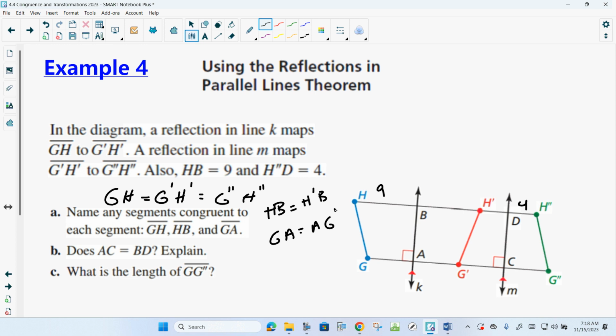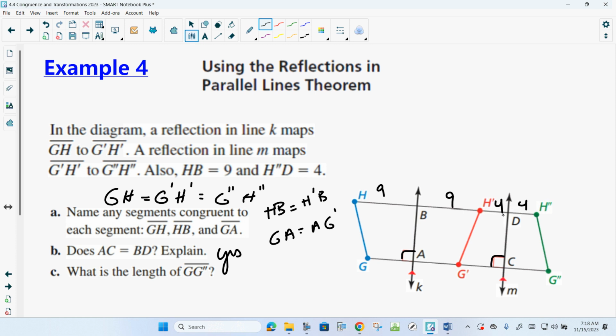Now, does AC equal BD? And the answer to that question is yes. Here's the reason. We have parallel lines, which create a rectangle, because we have 90-degree angles. And so yes, the distance up here and the distance down here would be the same. So it would be 13.